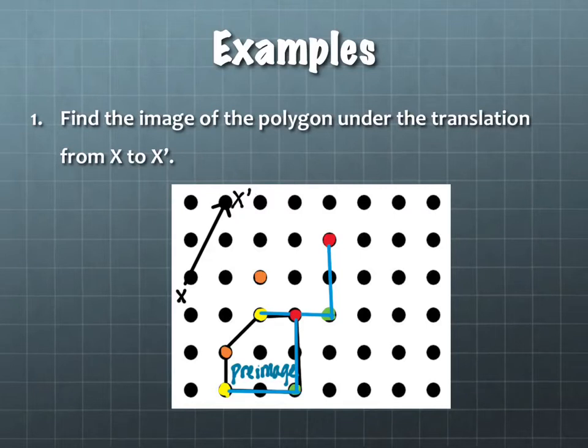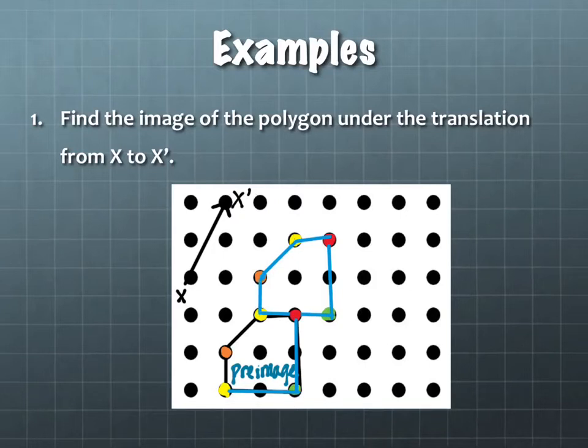But if I take the dot from the original, the pre-image, and I go up 2 and right 1, I'm here. I'll just color code it with the same yellow so as not to confuse. The yellow and the red are connected here with the line segment, so they will be here too. The yellow and the orange are, so they will be here too.